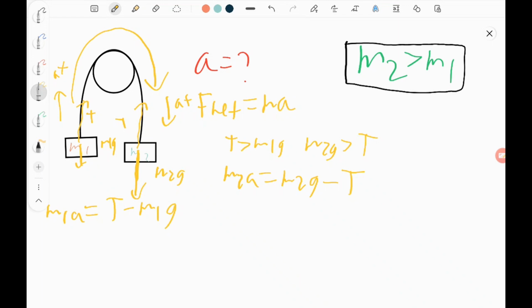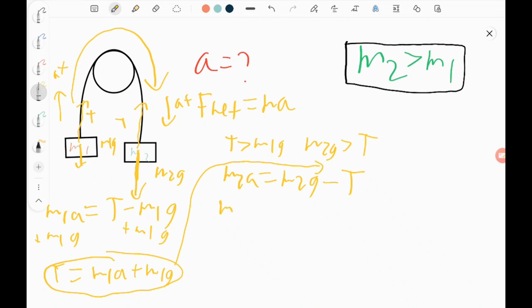So how do we do the substitution? We can actually solve for the tension in one of these equations. I'm going to do it with this one. So if we add M1G on both sides, I get that T is equal to M1A plus M1G. So we can substitute this value for the tension into this tension here.